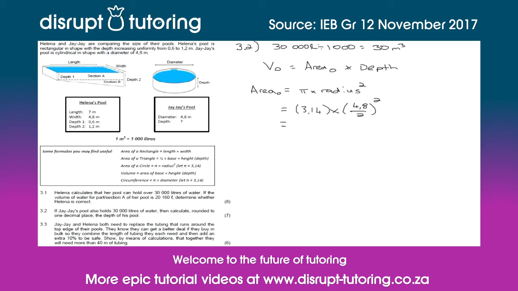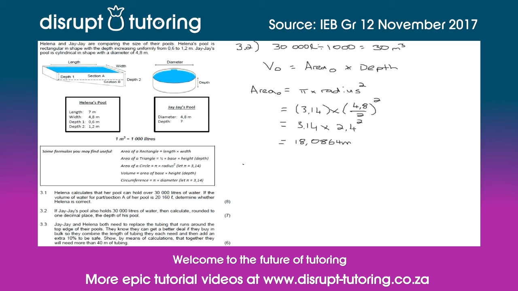So doing some more calculations, we keep it as 3,14 times, so we're going to simplify, so it's going to be 2,4 squared. And putting this into your calculator, you get that this equals 18,0864 meters squared. So that's the area of the circle.